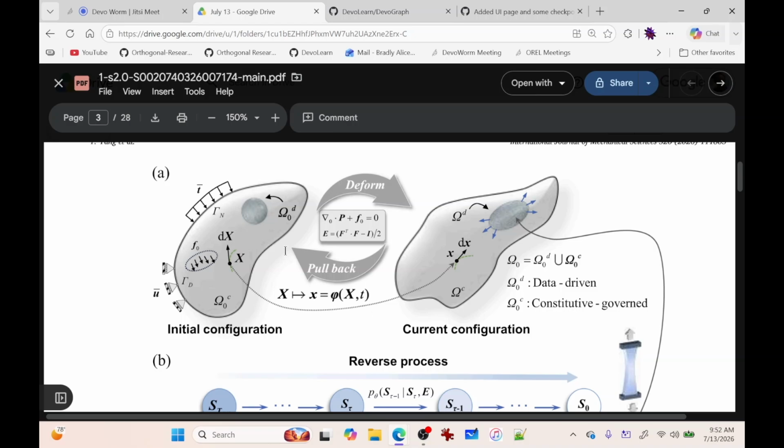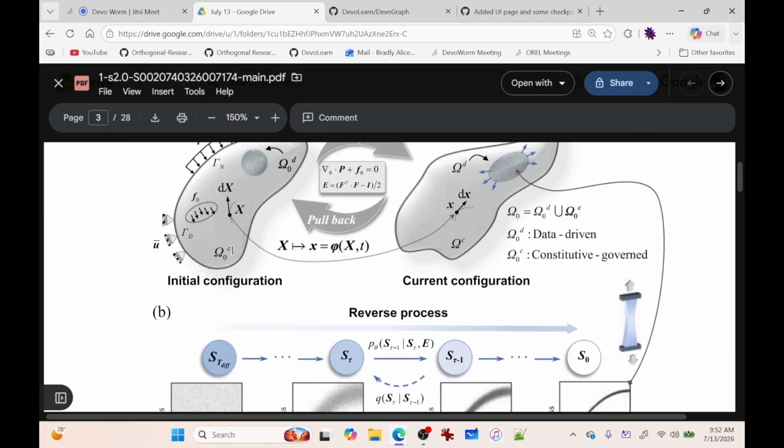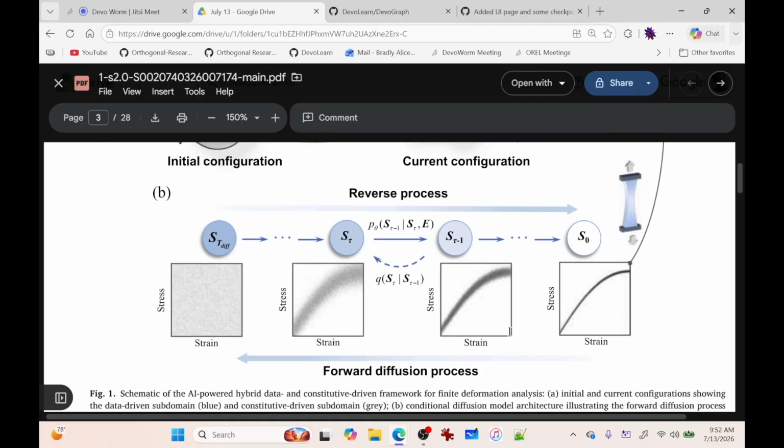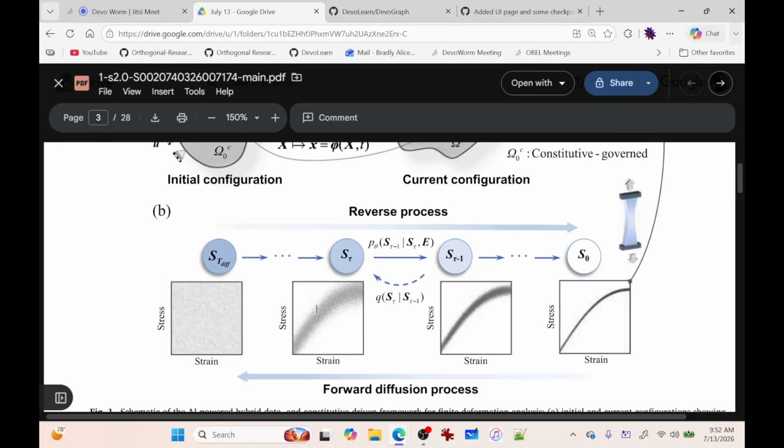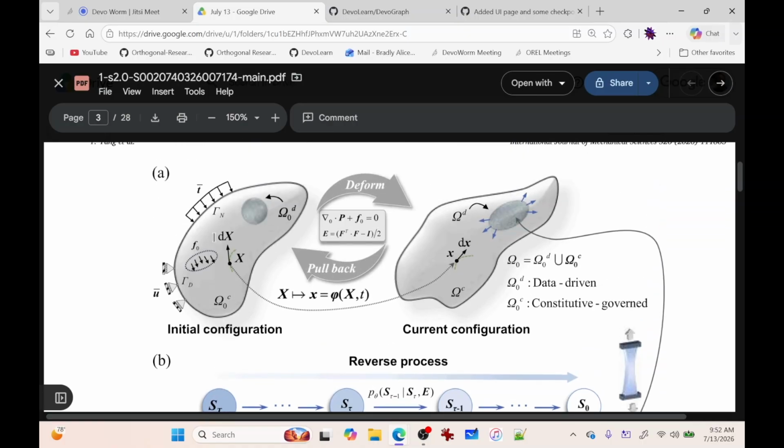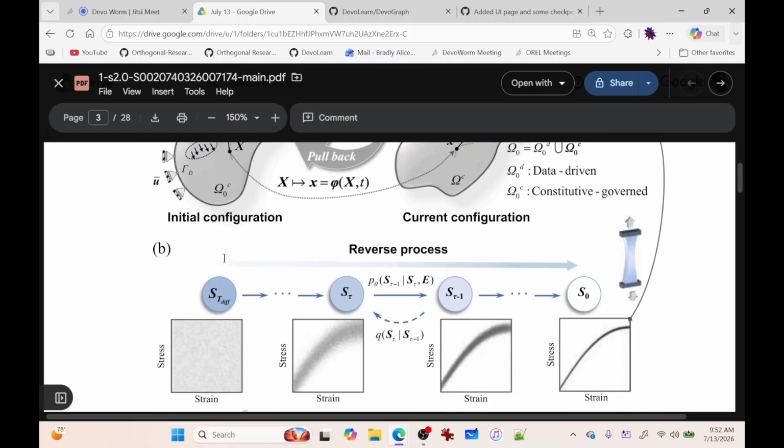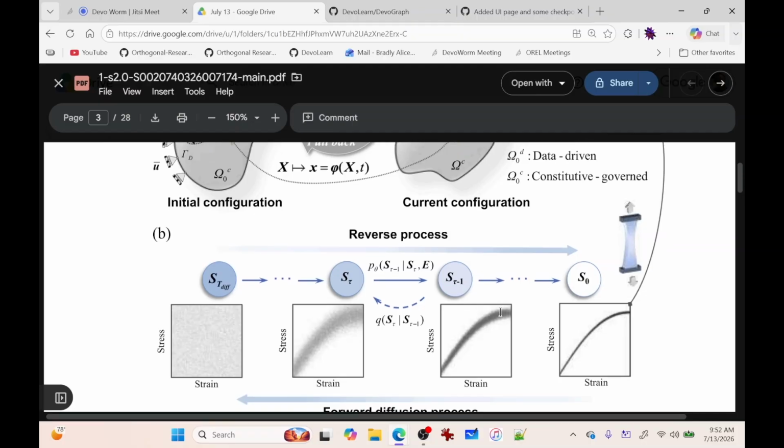And then, of course, you have this pullback. So you have the deformation, you can model that. Then you have the pullback, and you model that. And of course, this relates to this diffusion process in that you basically can model incomplete dynamics, and then with the reverse process, capture the state information.